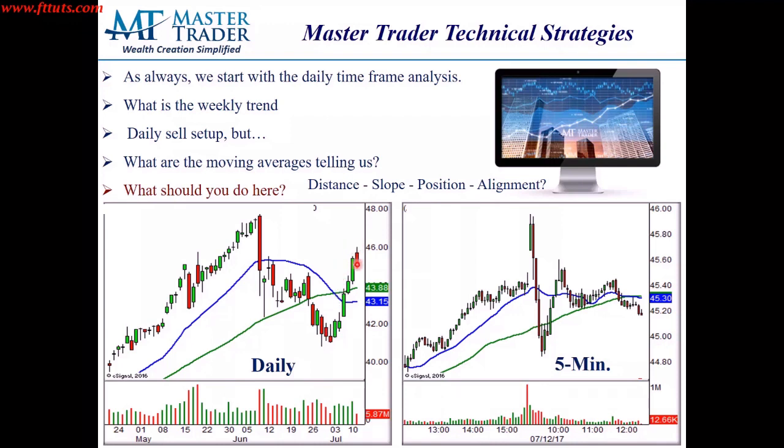We have a reversal here, taking note of the distance, slope, position, and alignment again. And because of this turn, even though we did have a strong move up, as an intraday trader, it is possible to trade against the trend on the daily time frame, but at the appropriate time.